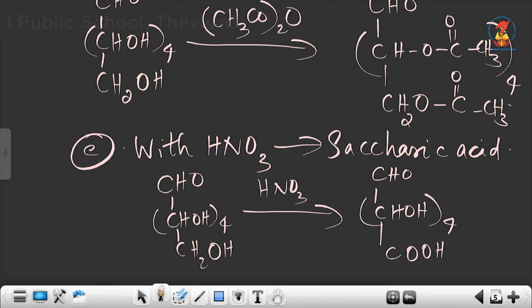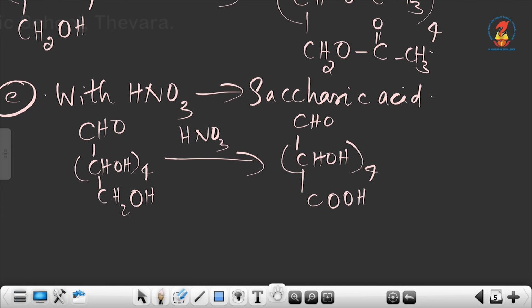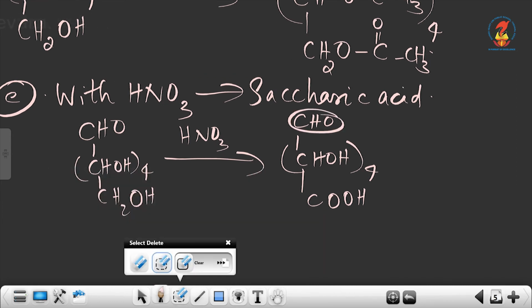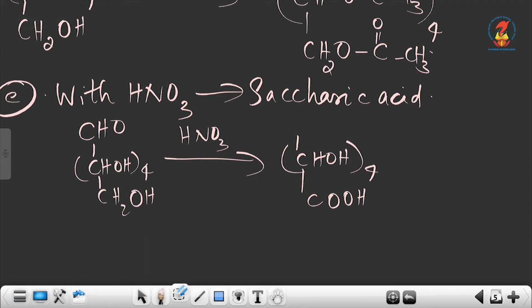Now I told you this is not saccharic acid. CHO also gets oxidized to COOH. So this is our saccharic acid.